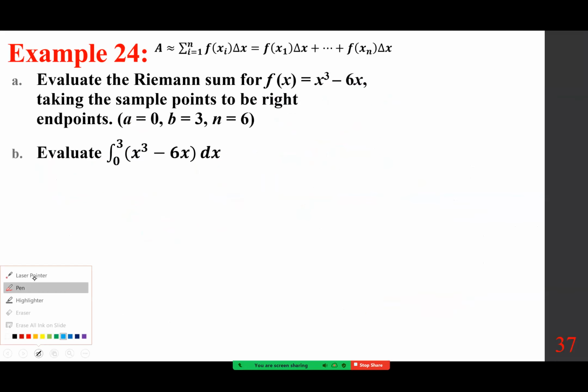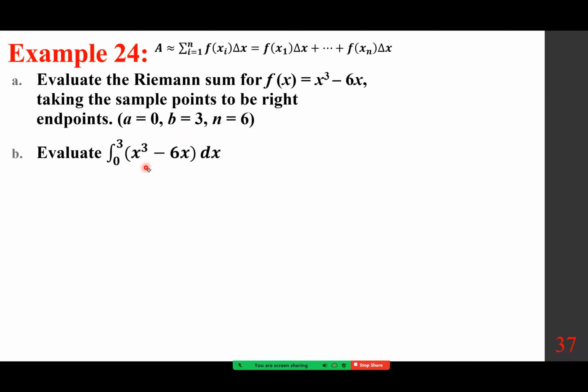Now, in this example, we want to evaluate the Riemann sum for f of x equals x cubed minus 6x, taking the sample points to be right endpoints, and a is 0, b is 3, and n is 6. In part B, they want us to evaluate this. Where we go through this process, it's an approximation of that.